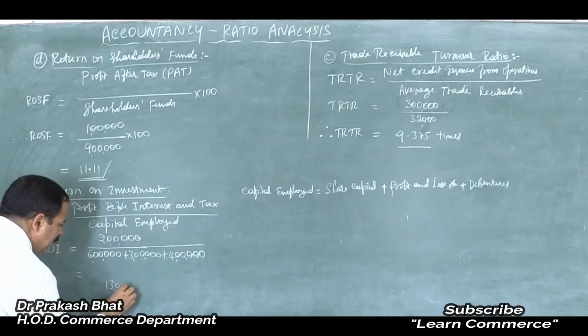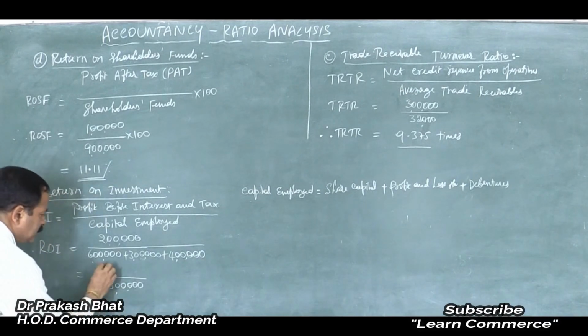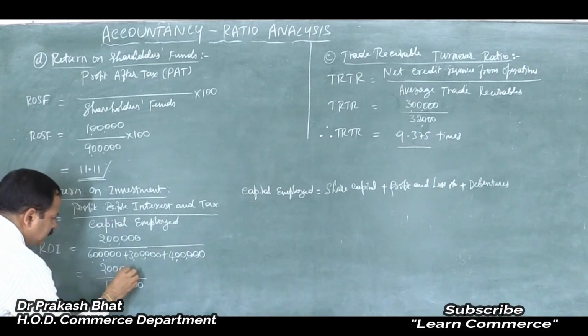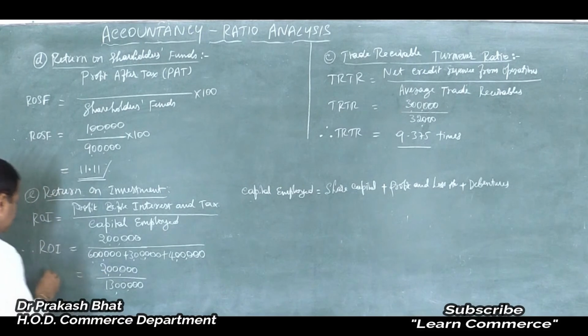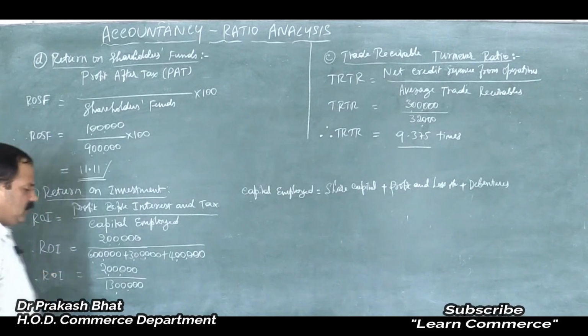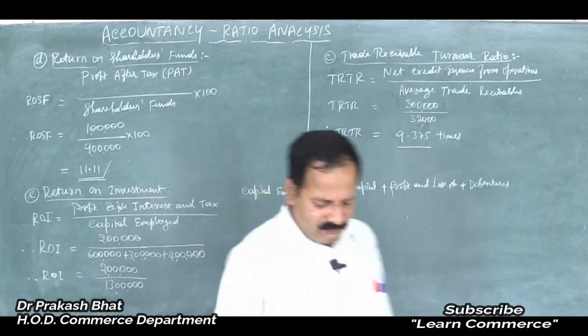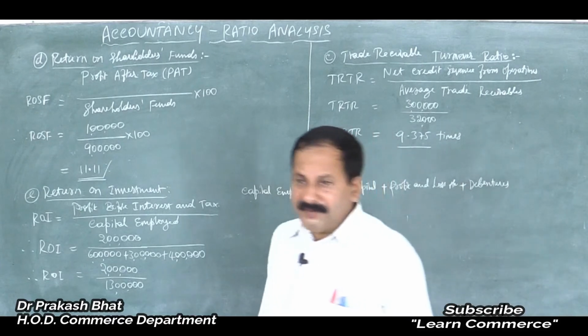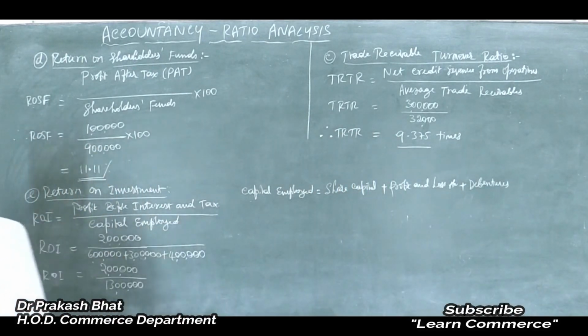So 13 lakh is the denominator, the upper part is 2 lakh, the numerator. ROI, how much? 15.38%.